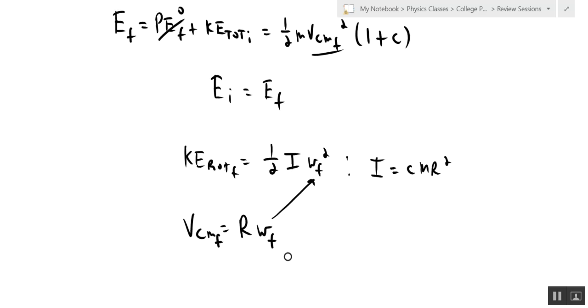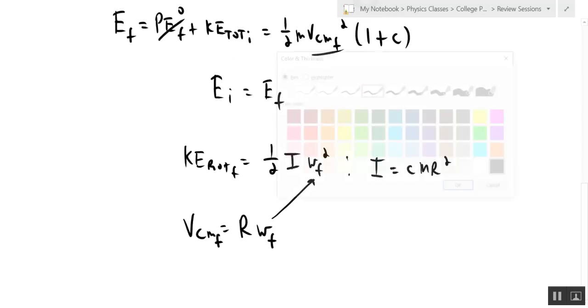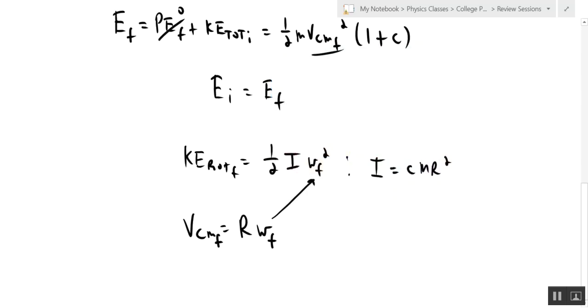All right. Yeah, so I don't get this. Let me just focus on the KE rotational equation. To find I, it's just straightforward, like C times M times radius squared. And to find omega f, I'm not sure how we find that. Do we divide? So the initial equation on the top where we have the EF, that's how you find your velocity CMF. That's step one. That's the thing underlined up there.